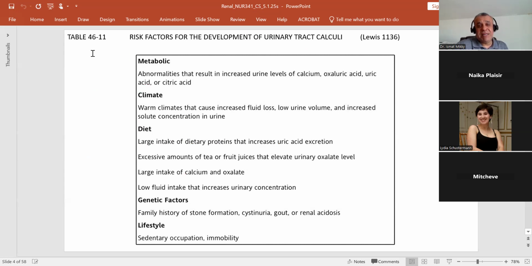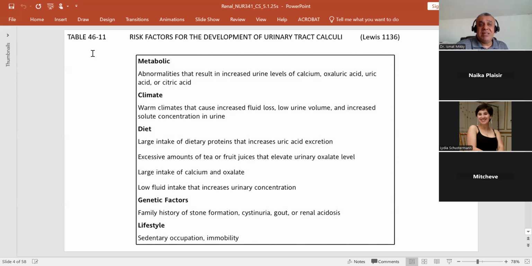Urinary stasis, like when the patient has renal immobility, inactivity, or immobilization, or if there is an obstruction to the flow of urine, something obstructing the urine either within the kidneys or in the ureter, could also result in kidney stones.